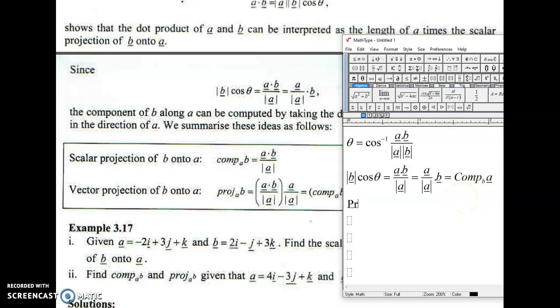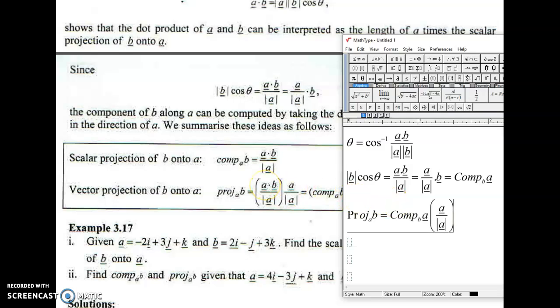So basically, excuse me on the name there, it is a projection of A onto B, and the formula is actually this component times the unit vector of A, and this will give you the new vector for that projection.